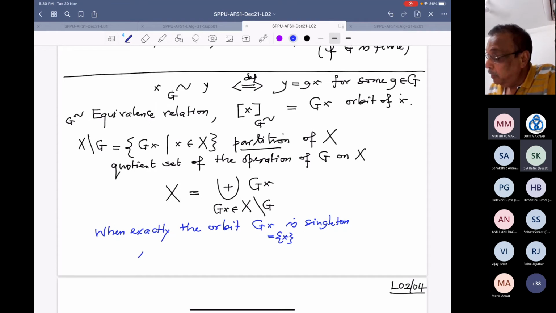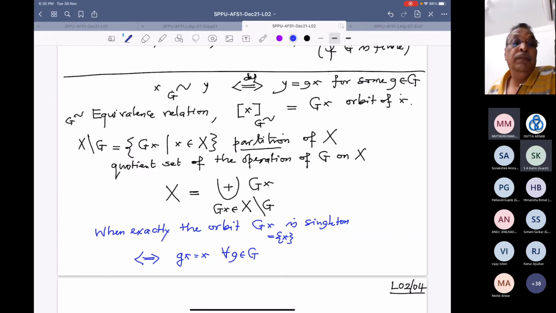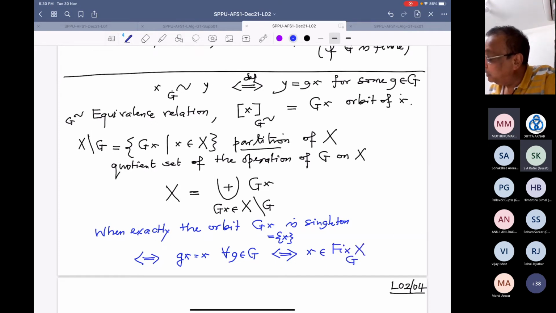So that is if and only if gx equals x for every g. That means this x is fixed under every g. So that is if and only if x belongs to Fix(G).